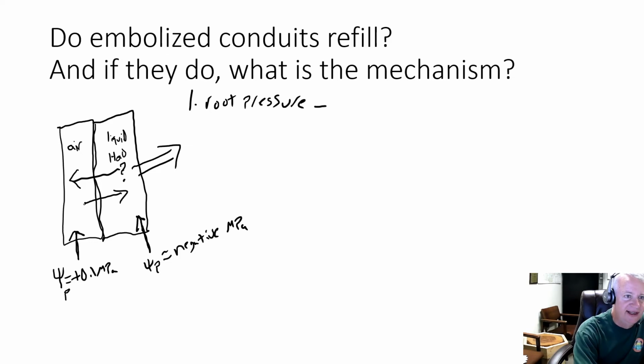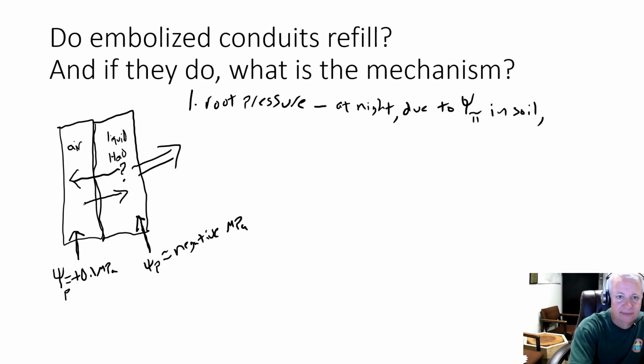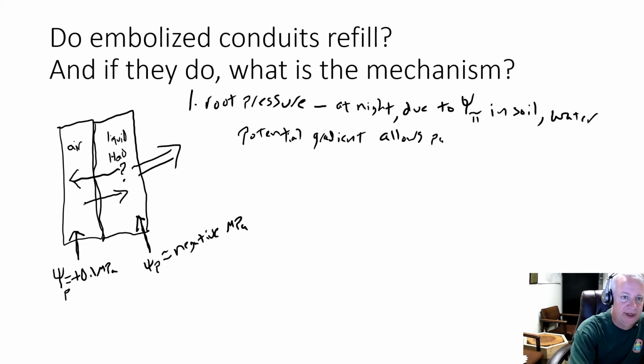Root pressure is just when there is, at night, often due to osmotic potential in soil, a water potential gradient that allows passive movement of water into the roots.